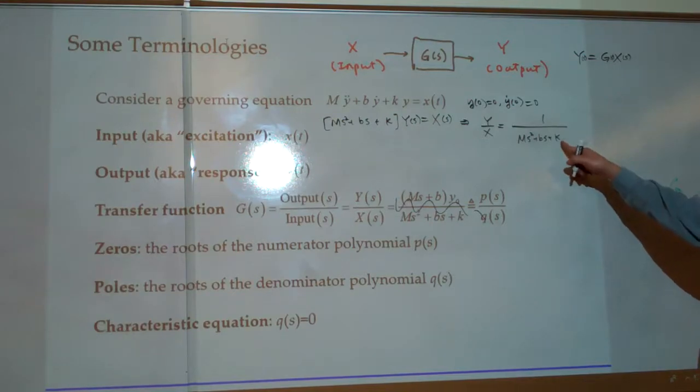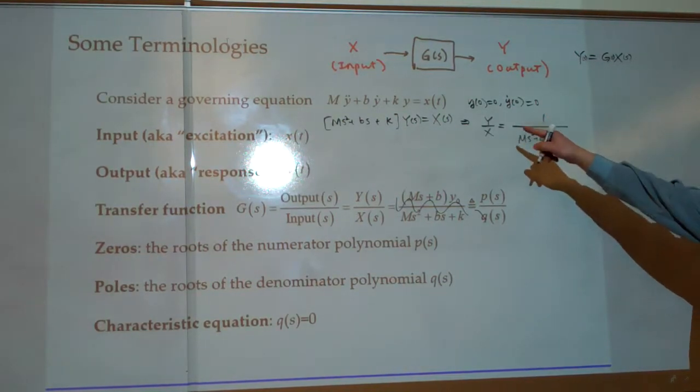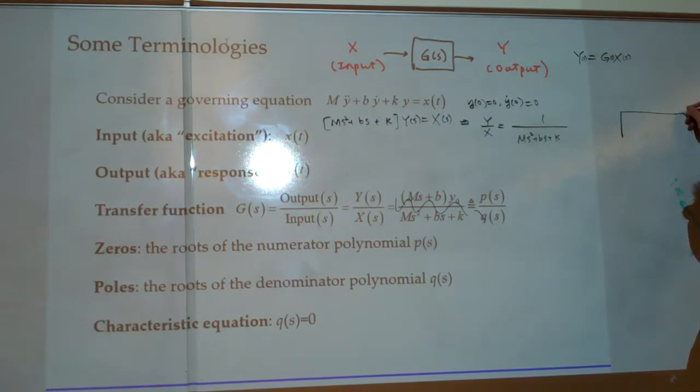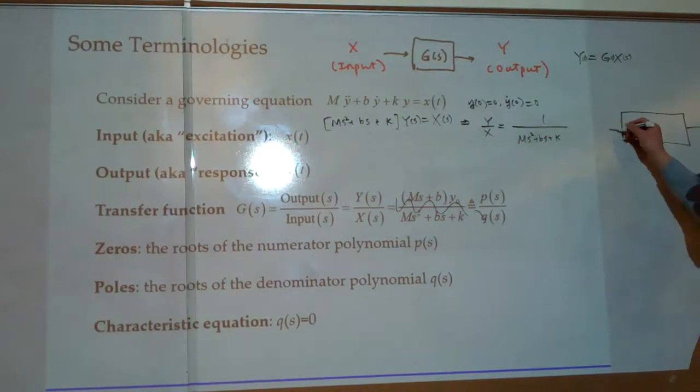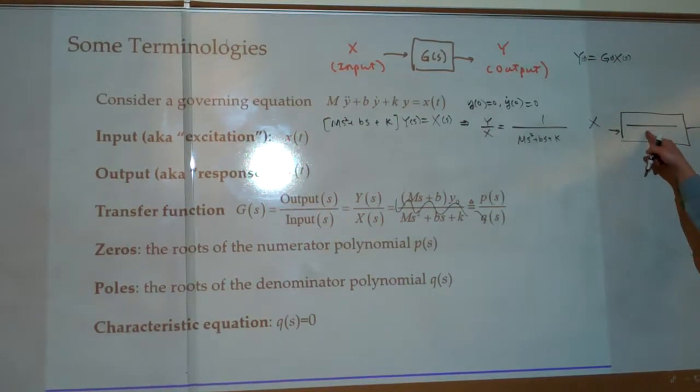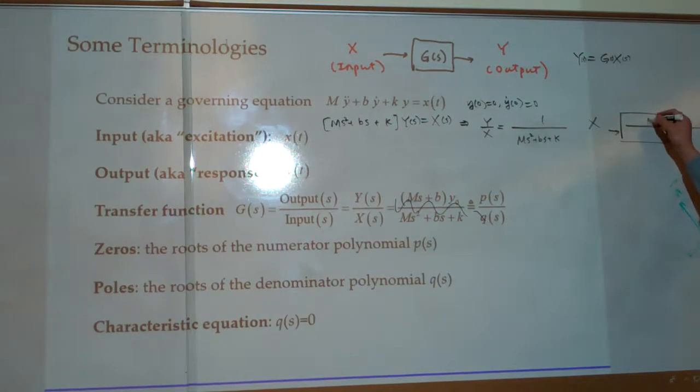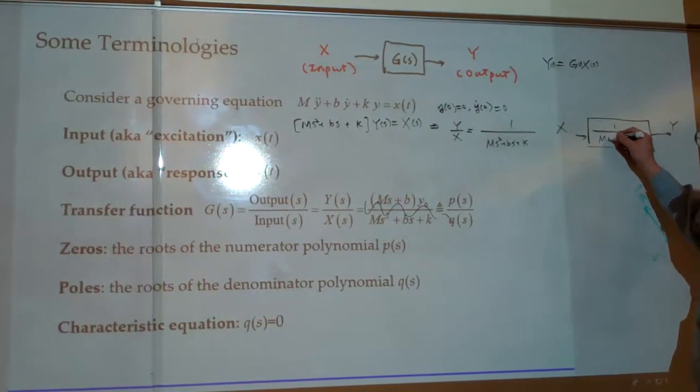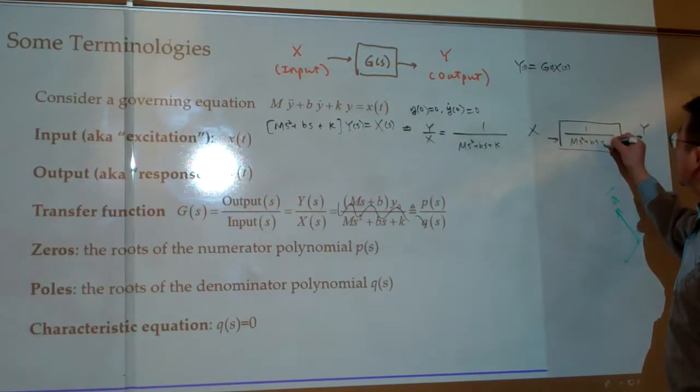So for this example, in particular, our transfer function can be more precise: Y equals the block function, the transfer function, multiplied with X. So that means this is 1 over (ms squared plus bs plus k).